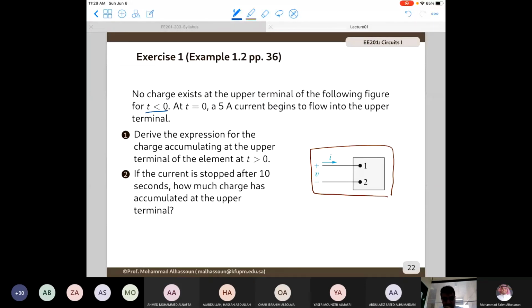At t equals 0, there will be a current that begins to flow from the upper terminal here to the lower terminal. What we are asked to do is derive the expression for the charge accumulating at the upper terminal of the element for t greater than 0.